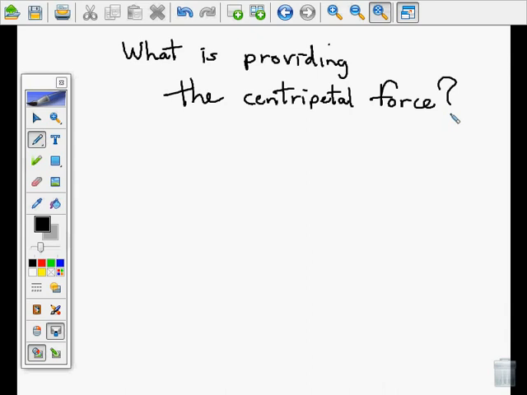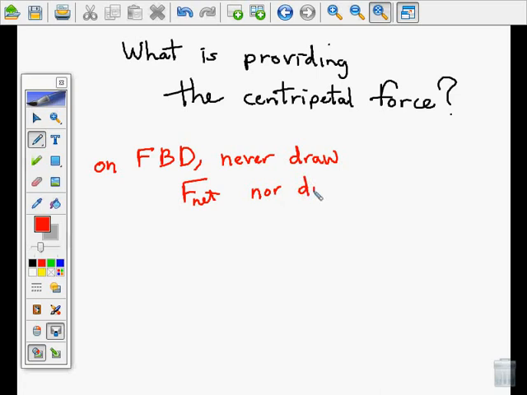So I'm just going to make a note: on a free body diagram, never draw F net, nor draw F sub c.